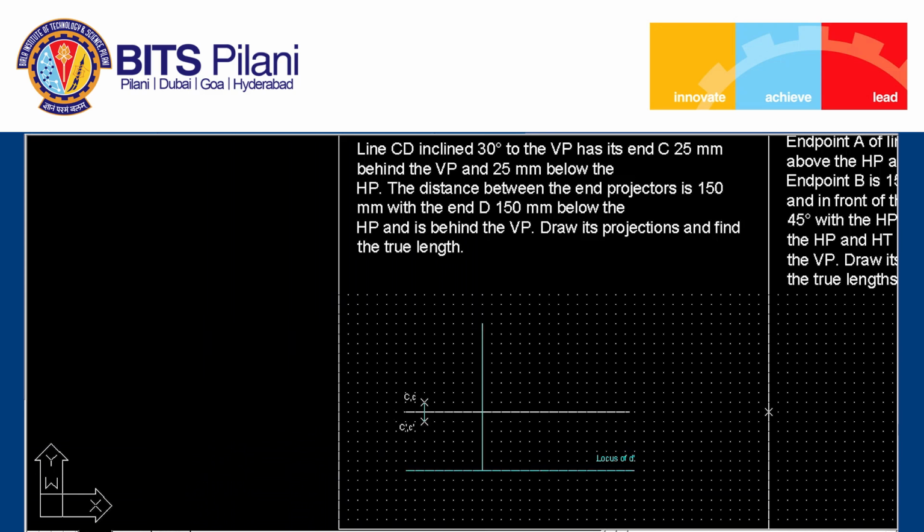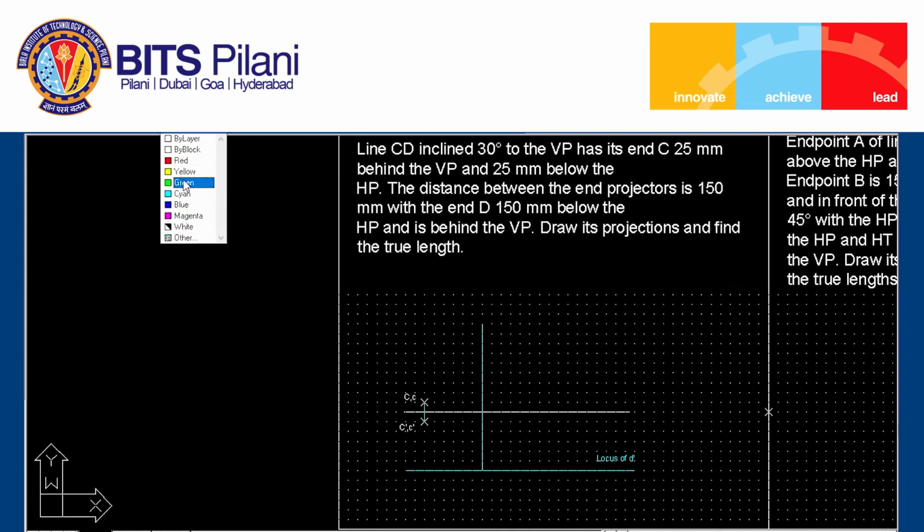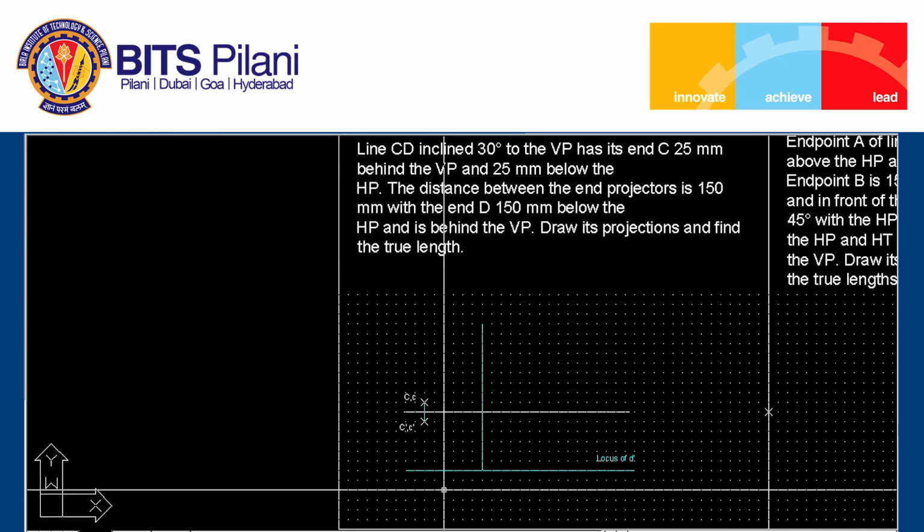From this point, this end projector is drawn. So we get the point D prime, which is the intersection of end projector and locus of D.